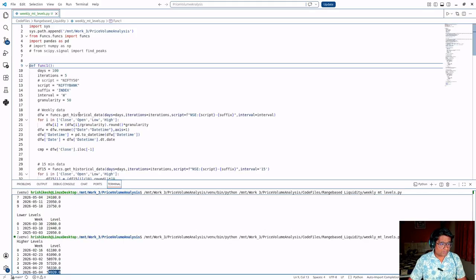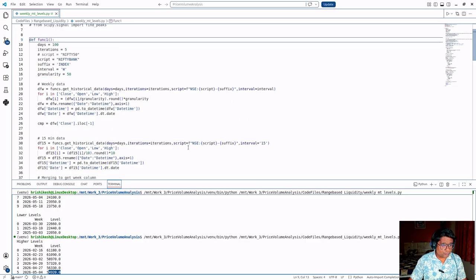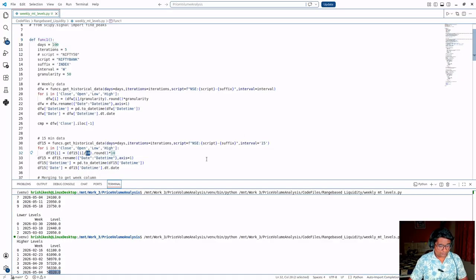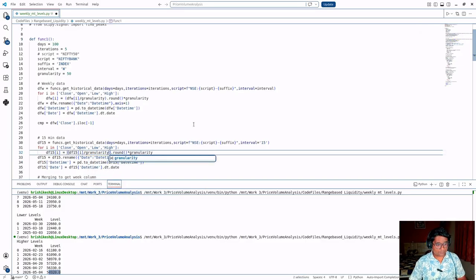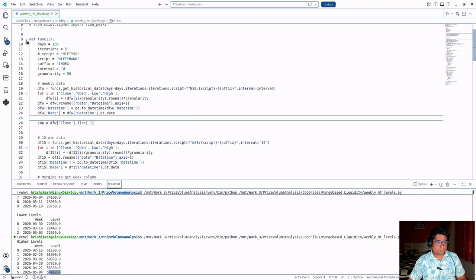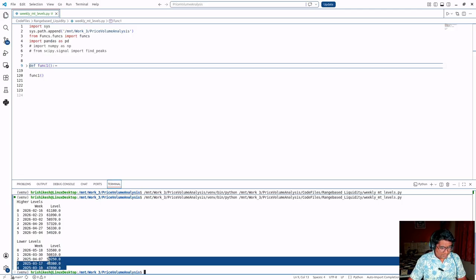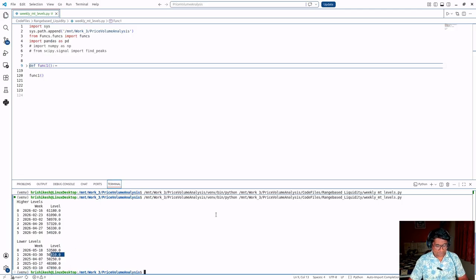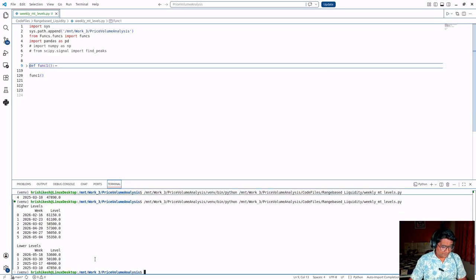Oh, granularity should be added on the lower levels also, for the 15-minute data also. That's why we are getting these odd values. Now you'll see we will get the levels in multiples of 50. See, these are the levels in multiples of 50.